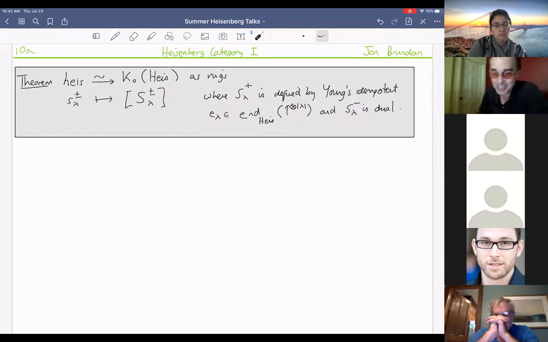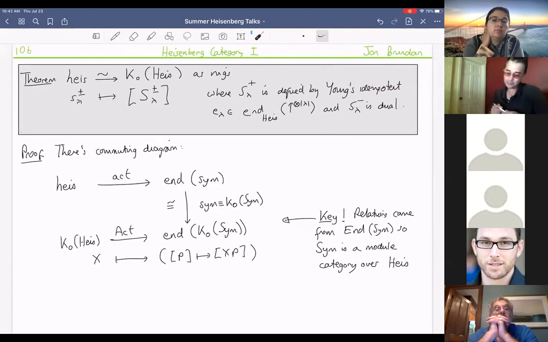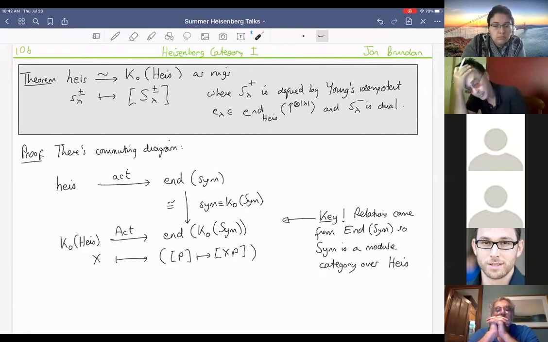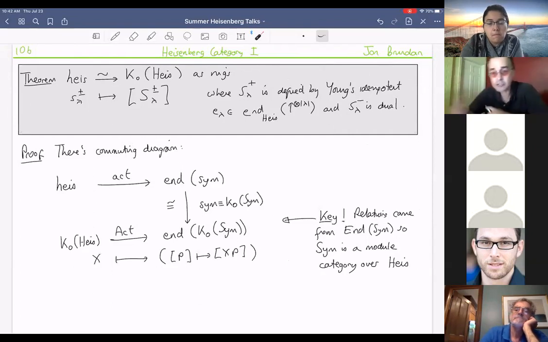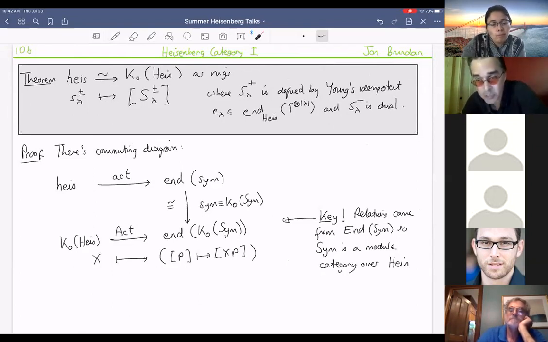I think I've got it set up to explain a little bit what's going on. So the key to the proof, I mean, the proof's not a big surprise. We've got this Heisenberg algebra which acts on the ring of symmetric functions, and we've upgraded things to categories. We replaced symmetric functions by this symmetric category, and the Heisenberg algebra by this Heisenberg category.